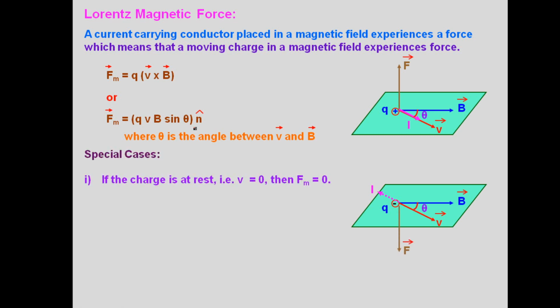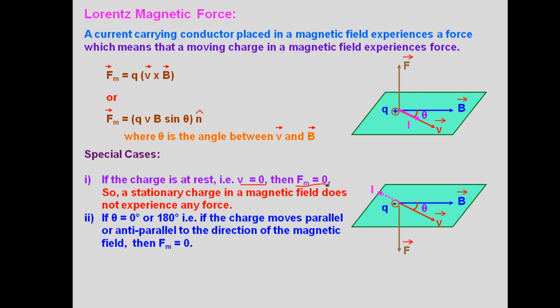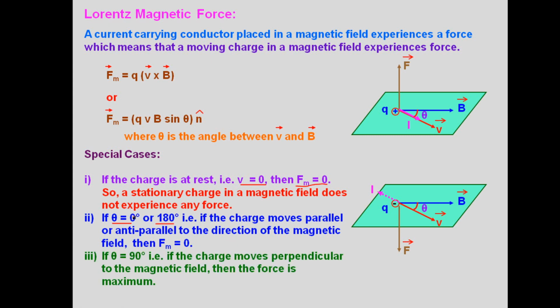So some important concepts related to this we have. If charge particle is at rest, then velocity will be zero, and if velocity is zero, no magnetic field will be produced by the charge particle's motion, and hence magnetic force will be zero. So whenever there is a stationary charge in magnetic field, it never experiences any force. Another condition, if the charge particle is moving parallel to the field or anti-parallel, this is 180 degrees, then also the magnetic force is zero because the value of sin 0 and sin 180 is 0.